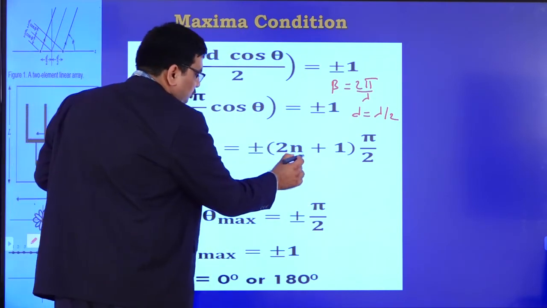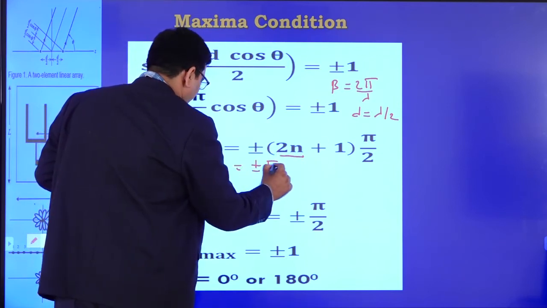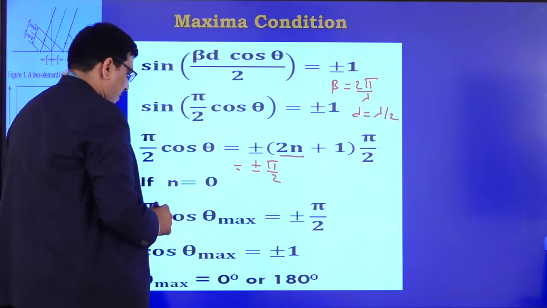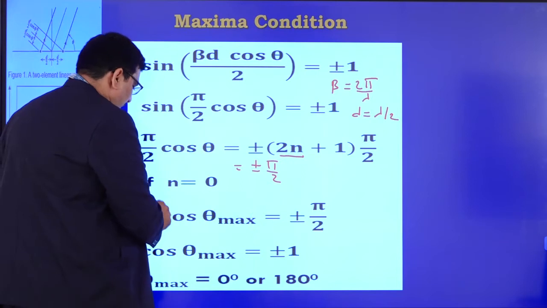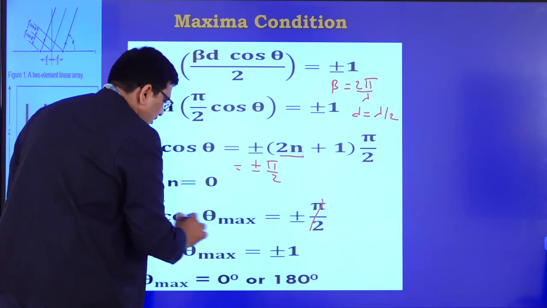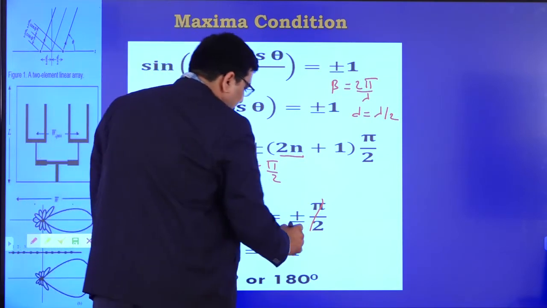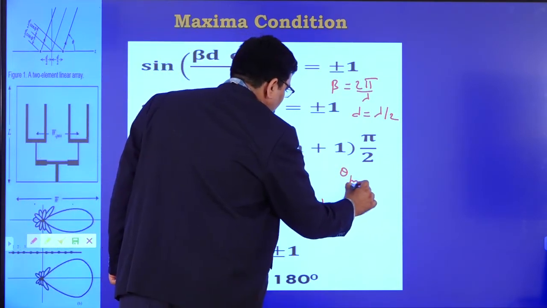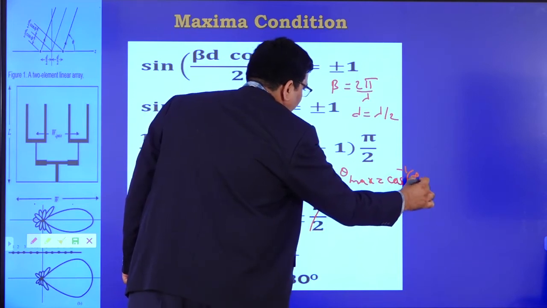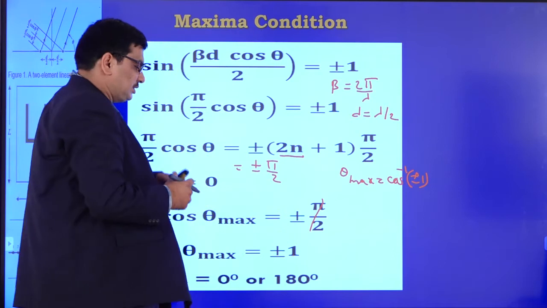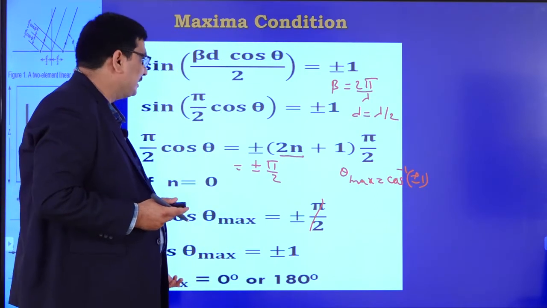Suppose we substitute n equal to 0, this becomes plus or minus π/2. So (π/2) cosθ max is equal to plus or minus π/2. The π/2 gets cancelled and we get cosθ max equal to plus or minus 1. From this, θ max is equal to cos inverse of plus or minus 1, which is 0 degrees or 180 degrees.